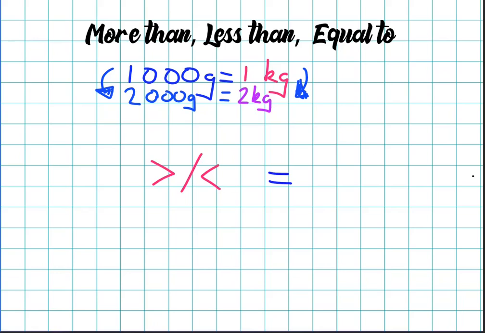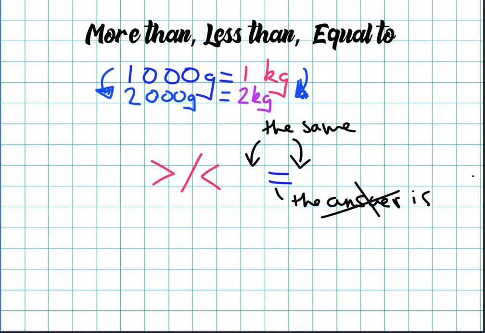A common misconception about the equal symbol, and I talk about this all the time at school, is that it goes at the end of a number sentence and it means the answer is. That is not what the equals symbol means. The equals symbol means whatever is on this side and whatever is on this side are the same.